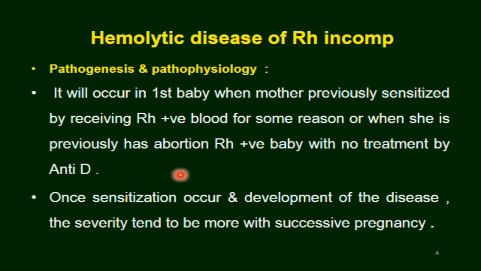Now, it will occur in the first baby rarely, when the mother was previously sensitized by receiving Rh positive blood by transfusion for some reason, or when she previously had an abortion of an Rh positive baby with no treatment by anti-D. Once sensitization occurs and the disease develops, the severity tends to be more with successive pregnancy.